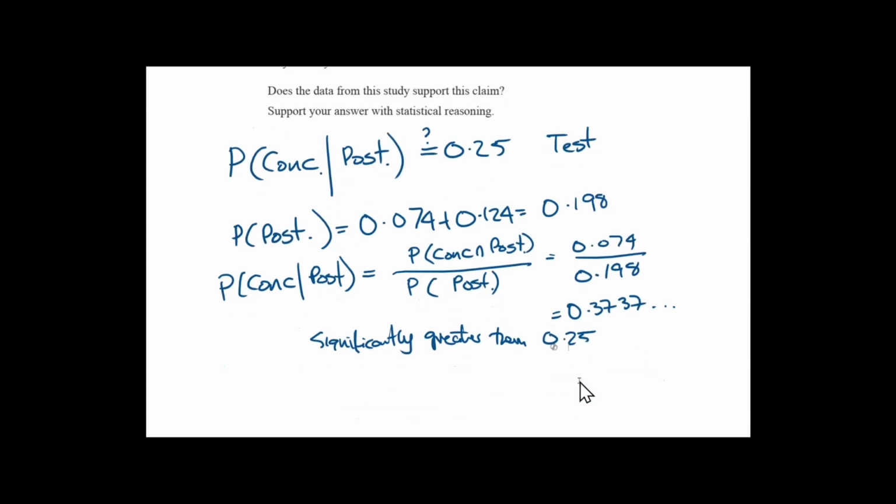So I guess in statistical terms, we would say we reject the hypothesis that the probability that they have concussion, given they tested positive, equals 0.25, to a high degree of confidence. That's how we really want to word it formally like that.